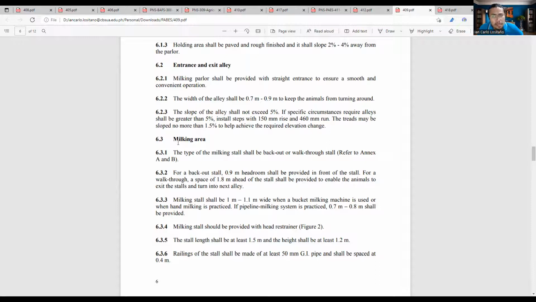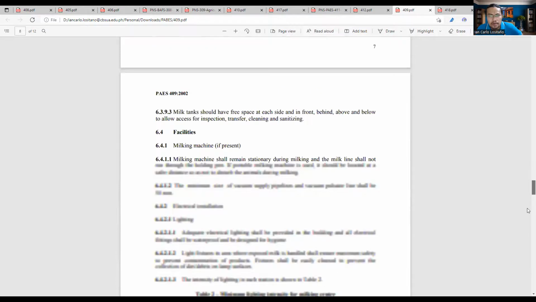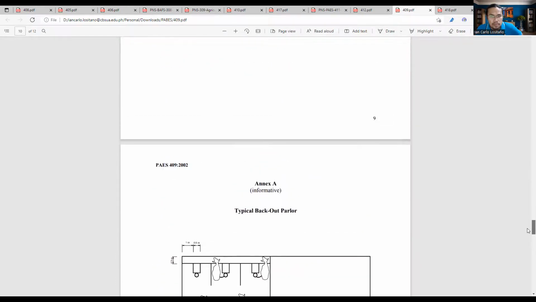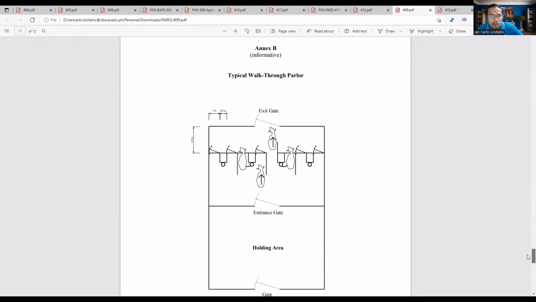For the milking area itself, the type of the milking stall shall be back out or walk through. This shall be in consideration of Annex A or B. Typical back out parlor and the walk through parlor.